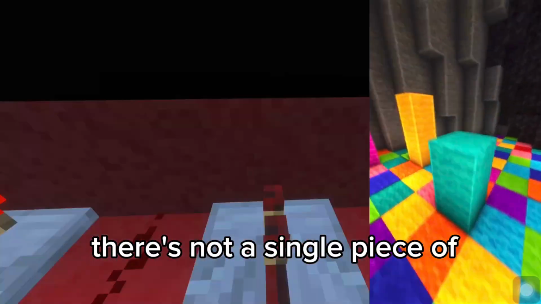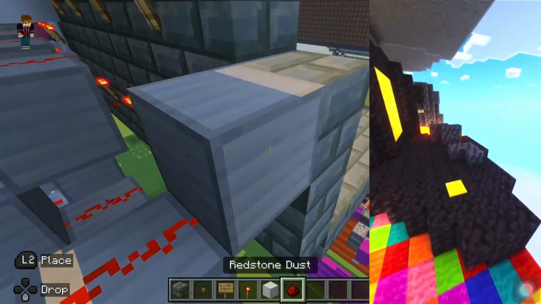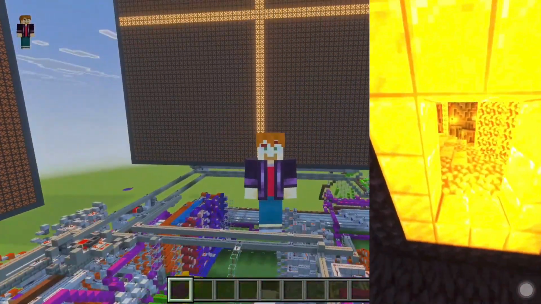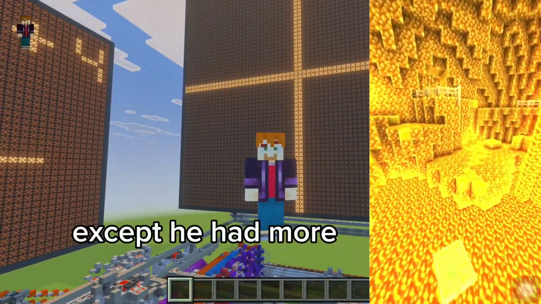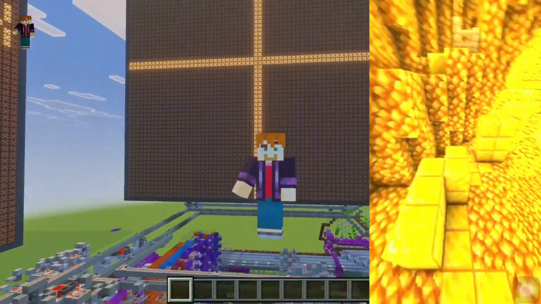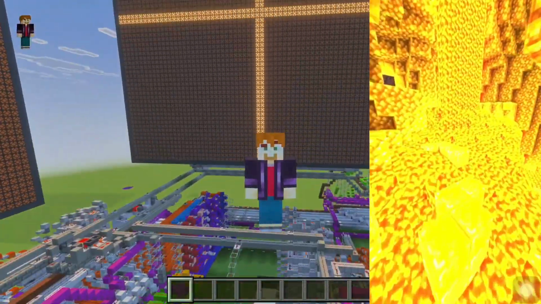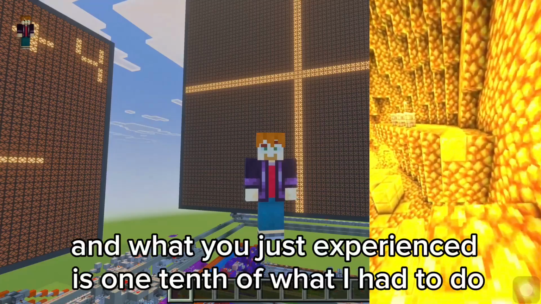There's not a single piece of copper in this entire build. So a lot more bug fixing later, you're finally finished, for real this time. Except you had more bug fixing. Nah, I'm just messing. But actually though, I did have to do more bug fixing. And what you just experienced is 1/10 of what I had to do.